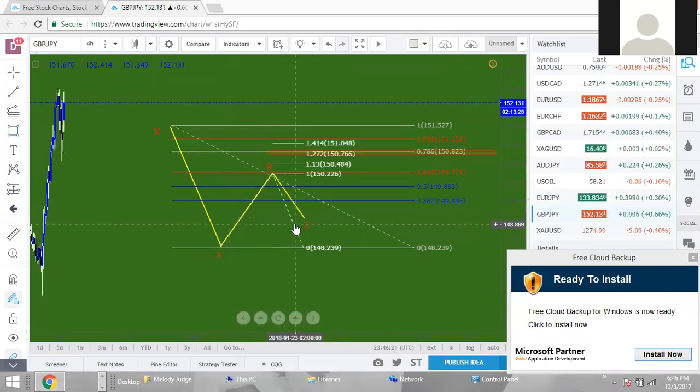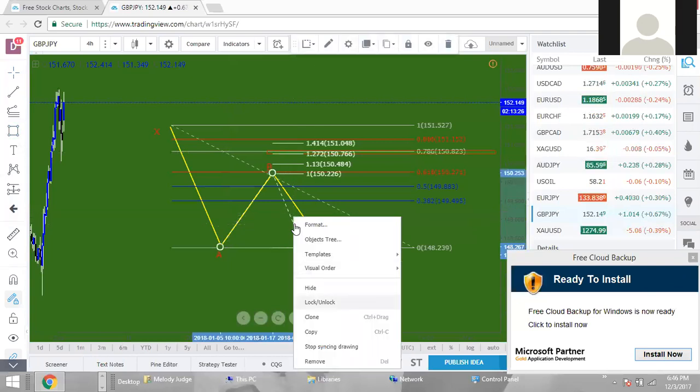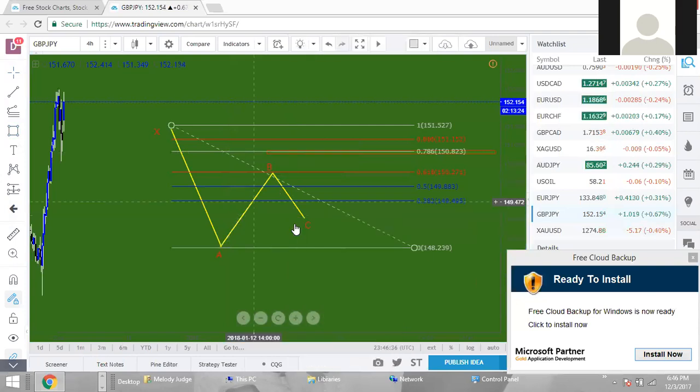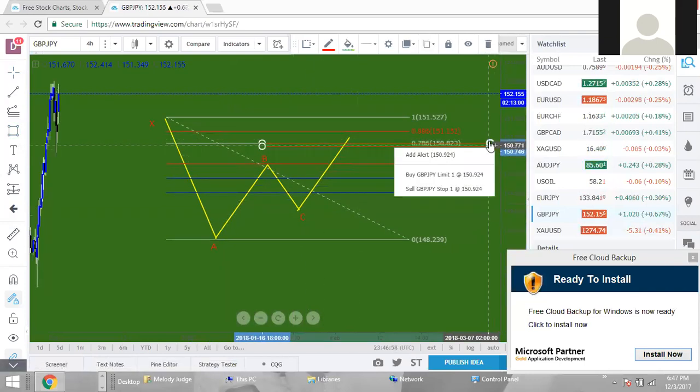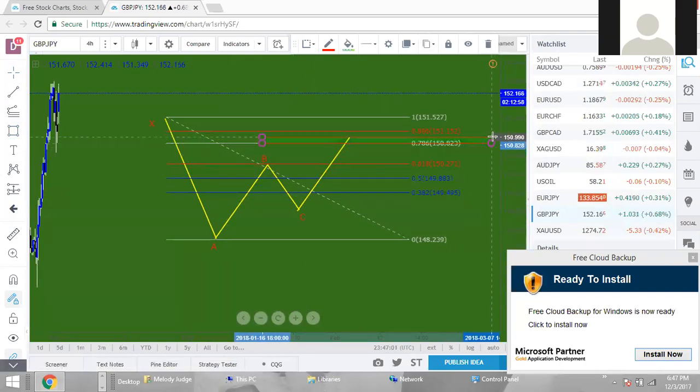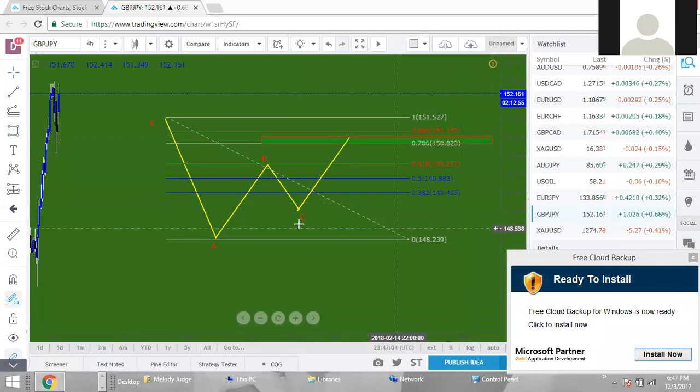AB is supposed to be the same length as CD. It's just a little bit past, but you can see it's a bigger zone. It's not always going to be perfect, but the equal measured move would have completed our Gartley pattern.